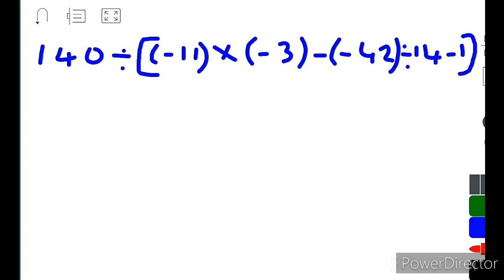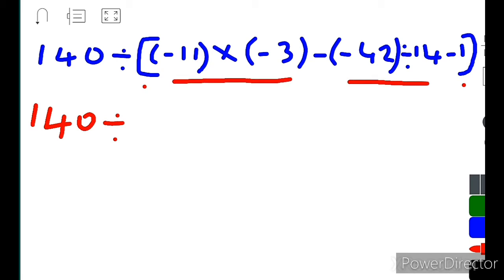Let's see the third question. So we'll see how to do this. First comes a bracket. So we will see how to do whatever the numbers are there in the bracket. So we will start solving. 140 divided by, now in this the first operation comes as division. So we will do this division. Simultaneously we can do this multiplication also. Understanding, children?